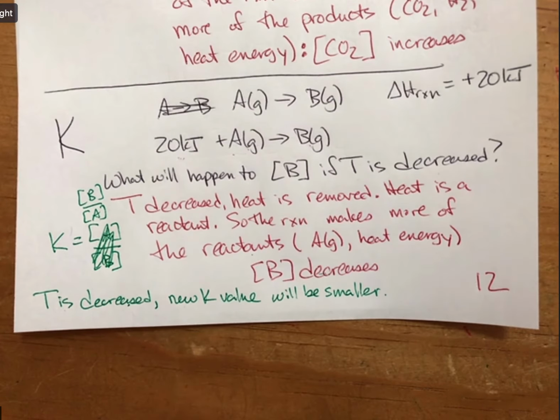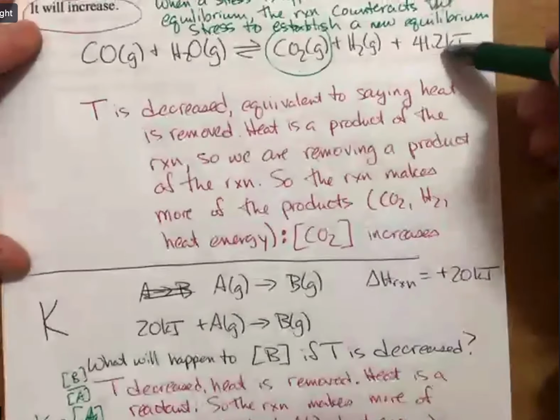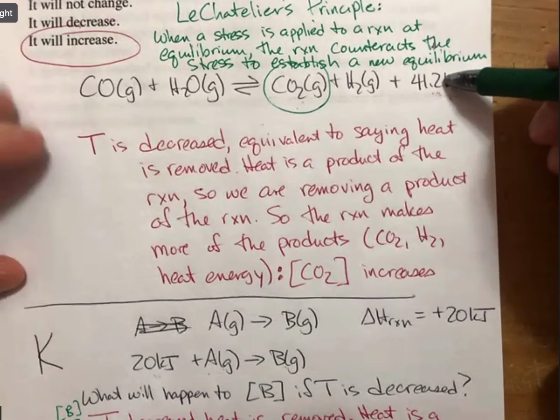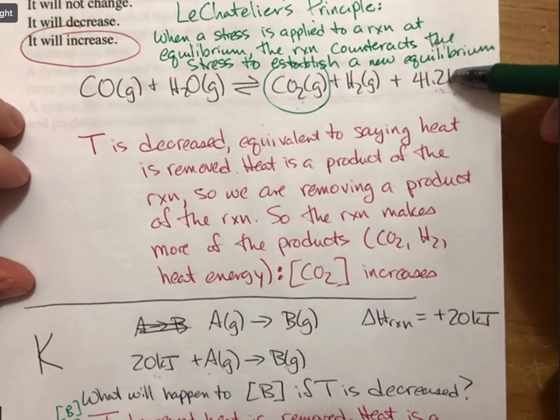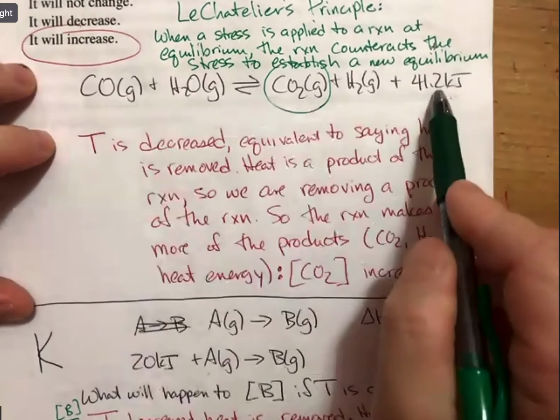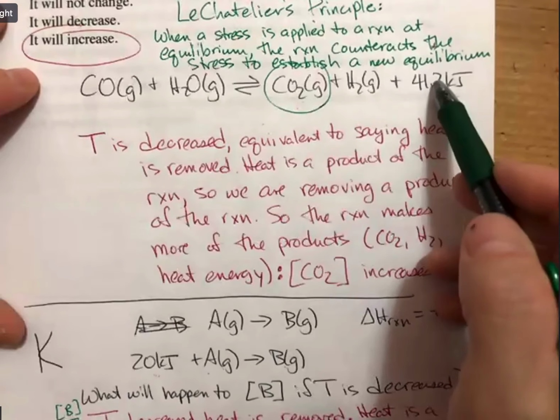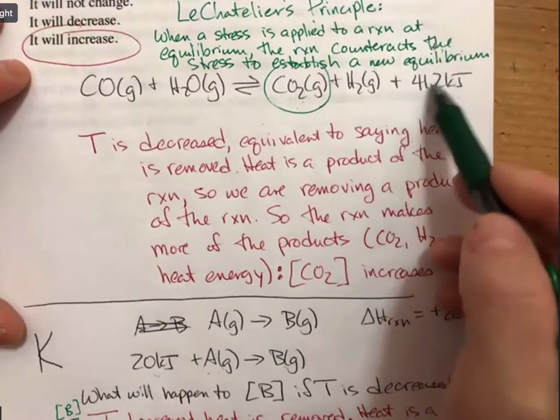Yeah. My background's in chemical engineering, and this is where my ears really perked up. Some reactions, and specifically exothermic reactions, if you increase the temperature of an exothermic reaction, you're going to add heat.